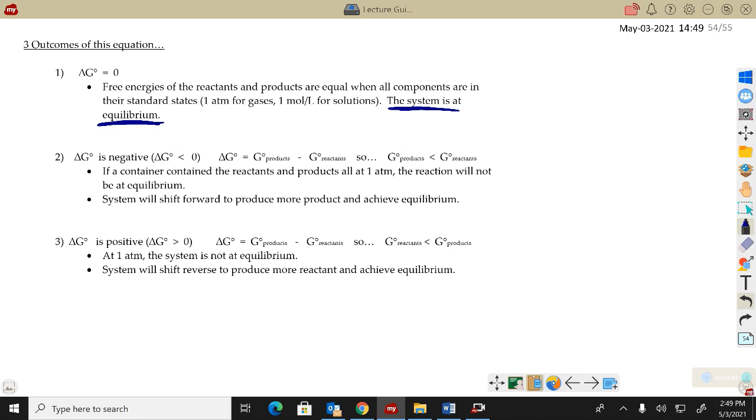Which would then mean that the energy of the products equals the energy of the reactants, because normally we would go products minus reactants. And so here, if delta G is 0, then those two values must be the same, and the system is at equilibrium.